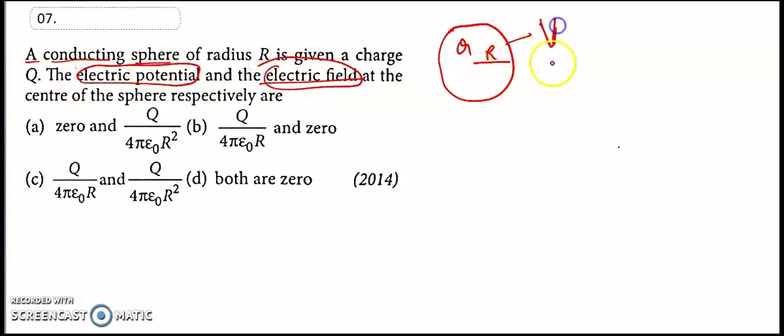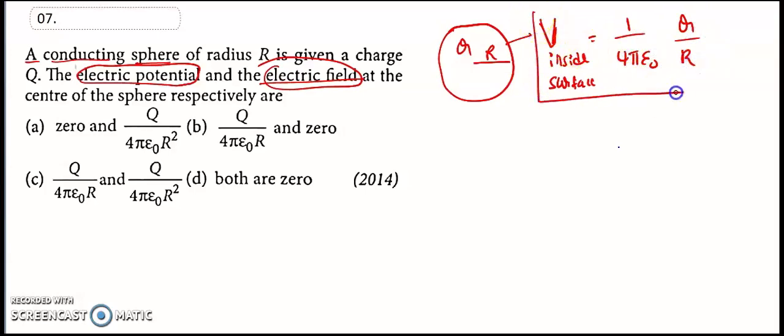Inside, up to the surface, it is the same. That is equal to 1 divided by 4 pi epsilon naught, Q by R. So this is the electric potential inside.